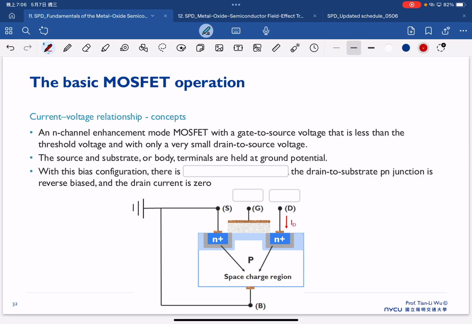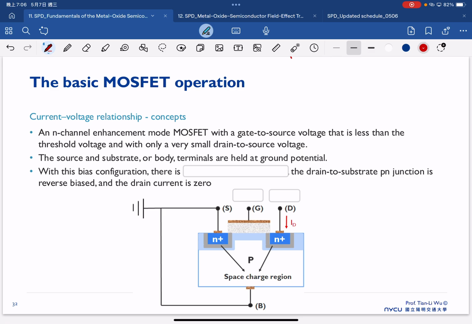But now we are getting more serious, trying to help you understand the current-voltage relationships here. So now we consider an N-channel enhancement MOSFET with a gate-source voltage that is less than the threshold voltage and with only a very small drain-to-source voltage.